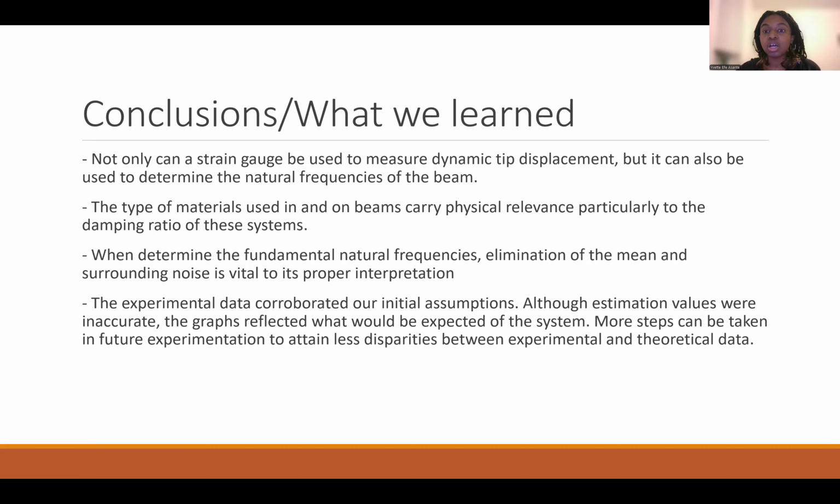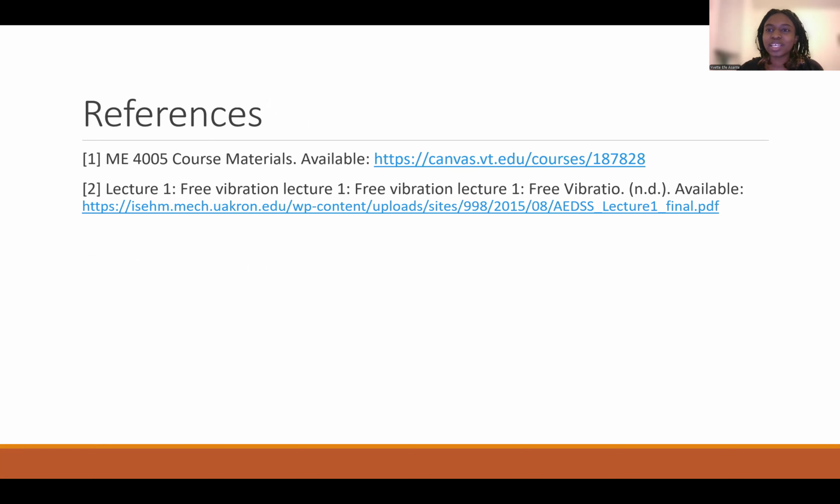Last but not least, although there were several disparities between our experimental and theoretical values, we can mostly designate these as calculation errors, and the graphs reflected what we expected to see of the system despite these numerical errors. Thank you.